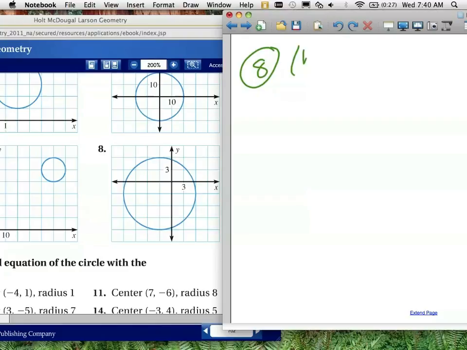So the center is -3, -3. And the reason it's not -1, -1 is because the scale says 3. Look at the scale is 3 and 3. So everything is 3. 3, 6.